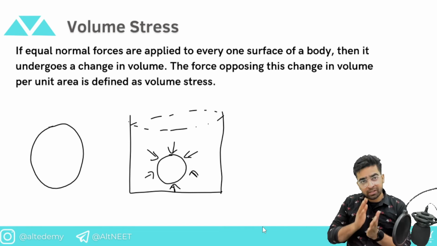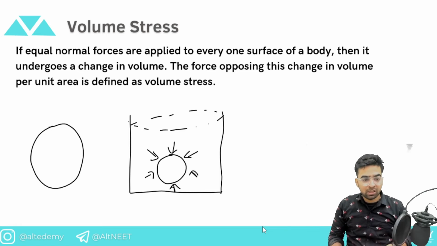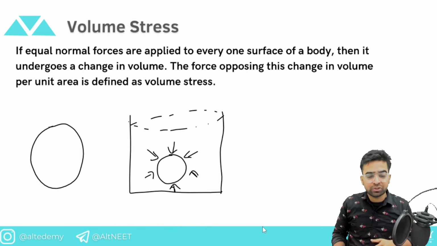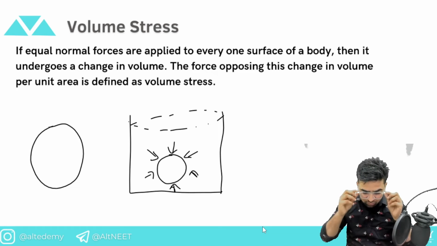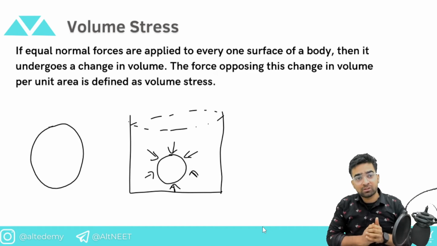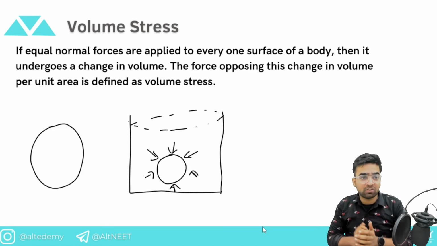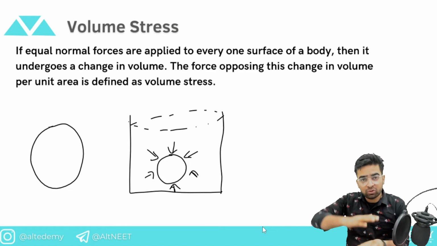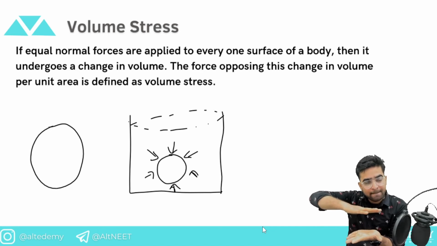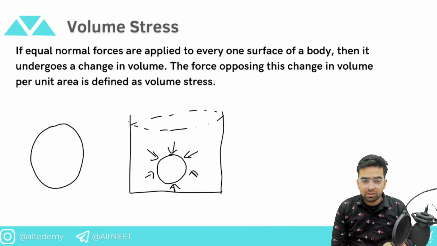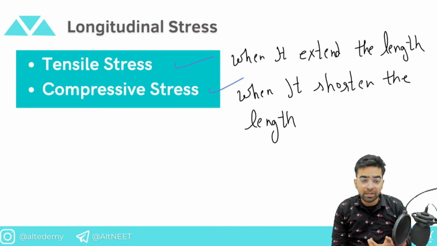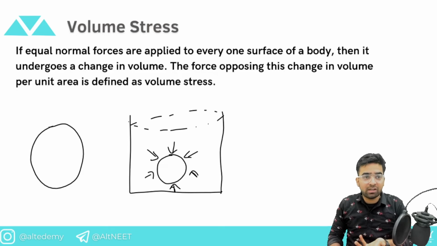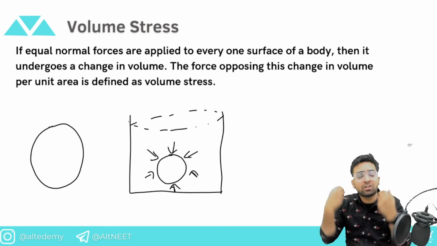Longitudinal or normal stress acts normal at only one surface. In longitudinal we have six surfaces, but it is only acting on one surface. But in volume stress, at every point, force acts normally to the surface, at all the surfaces.